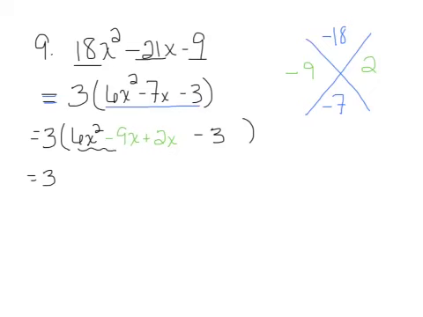And now I'm going to group the first two together. So I'm going to have a couple of sets of parentheses, because when I group the first two together and I say, what can I factor out? I look at 6x squared minus 9x, and I can factor out a 3x. And I usually do that in red. So let's factor out this 3x.